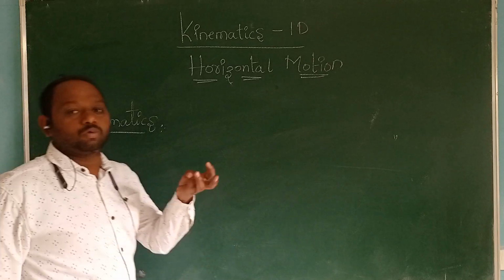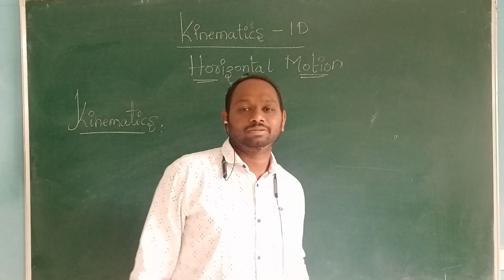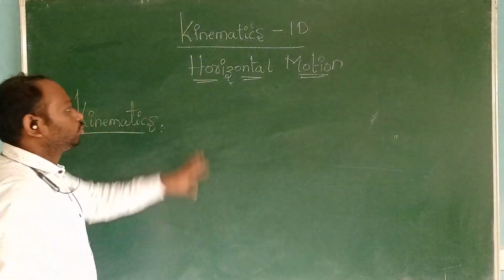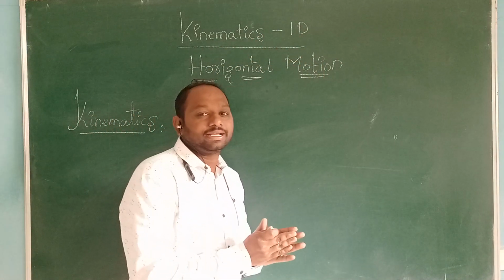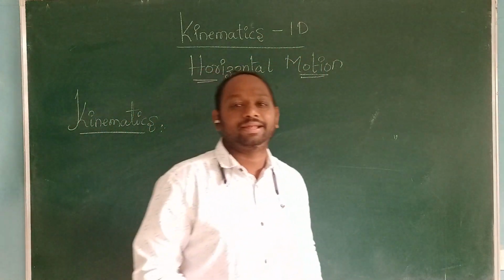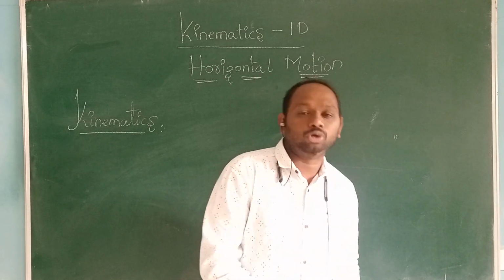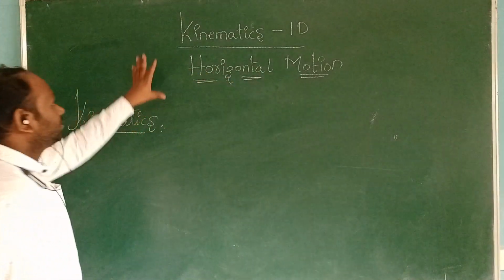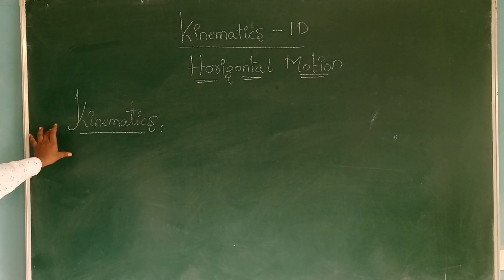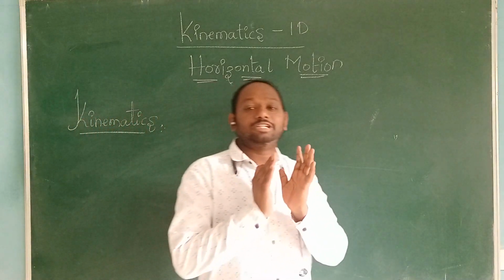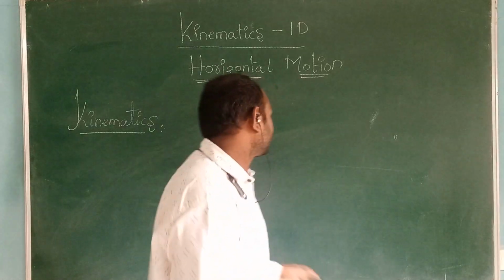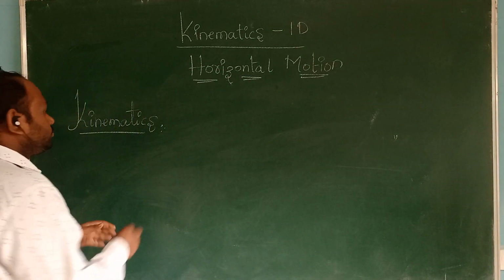Kinematics may be 1D, 2D, 3D. But in this class we will discuss only 1D, one dimensional. One dimensional means bodies moving on a straight line, moving on the road. So that is called kinematics 1D. Kinematics means the branch of mechanics which deals with motion of objects.